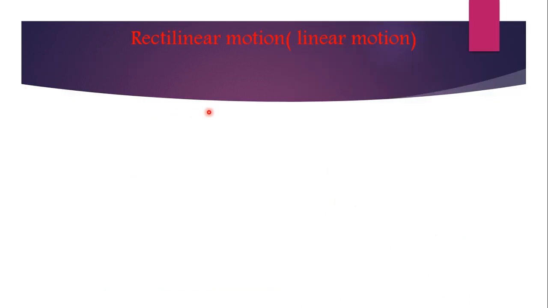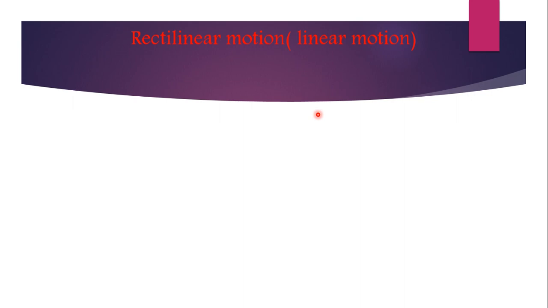So let's discuss in detail what exactly rectilinear motion is, and we will also discuss some various aspects of rectilinear motion. Rectilinear motion is sometimes also referred to as linear motion.